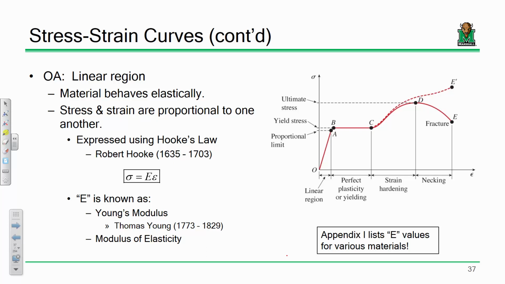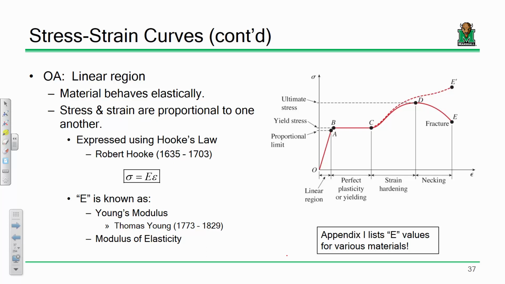Now, Young's modulus is a particular parameter that is unique to given materials. Every material has a unique Young's modulus. So steel has a Young's modulus. Aluminum has a Young's modulus, so on and so forth. So when you're doing an engineering problem, you need to understand two quantities. You need to understand the geometry, how deep is that beam, how long is that torsional shaft, and so on and so forth.